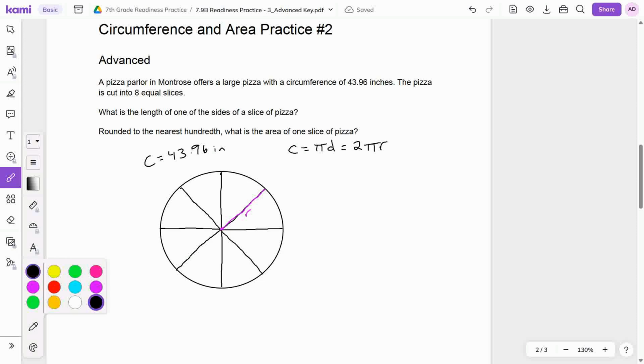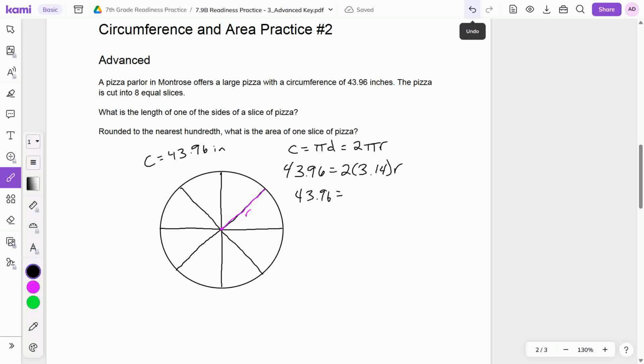So I'm going to replace my 43.96 for my circumference equals 2 times 3.14 times the r, and then let's multiply our 2 and 3.14, then we're going to end up at 6.28.